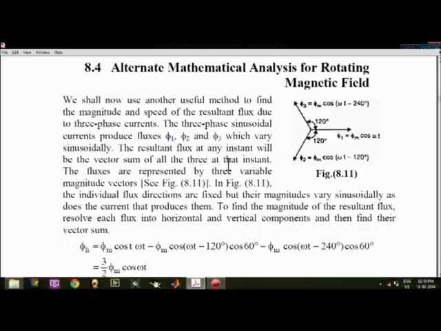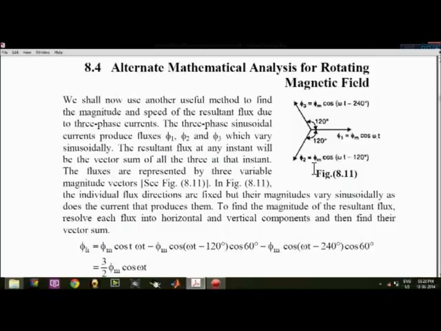Now there is a mathematical proof showing the rotating magnetic field. You can consider this figure. The three phases are separated by 120 degrees. All the three phases are marked with phi 1, phi 2, phi 3, which is the magnitude. Now the three phases produce fluxes phi 1, phi 2, phi 3, which vary sinusoidally.